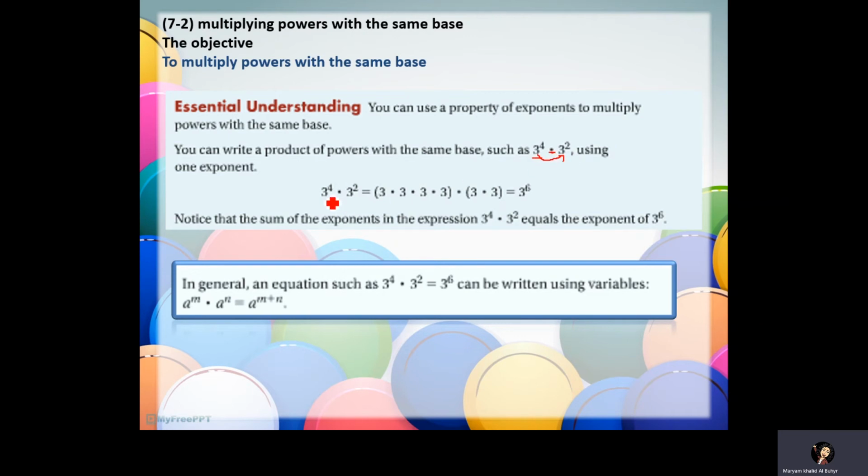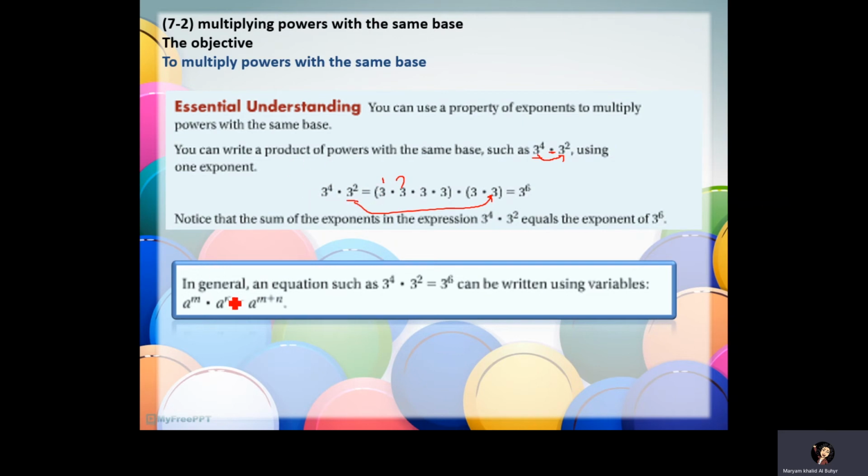Look at this. 3 to the power 4 means you multiply 3 by itself 4 times: 1, 2, 3, 4. Then times 3 times 3, 2 times. So you notice that you are multiplying a number by itself 6 times, which is the sum of 4 and 2.